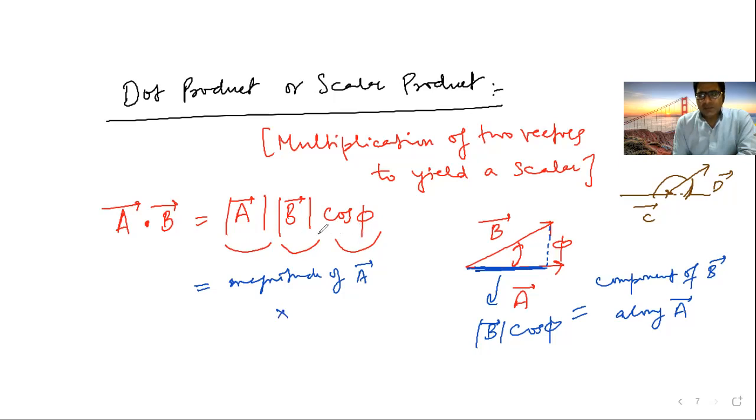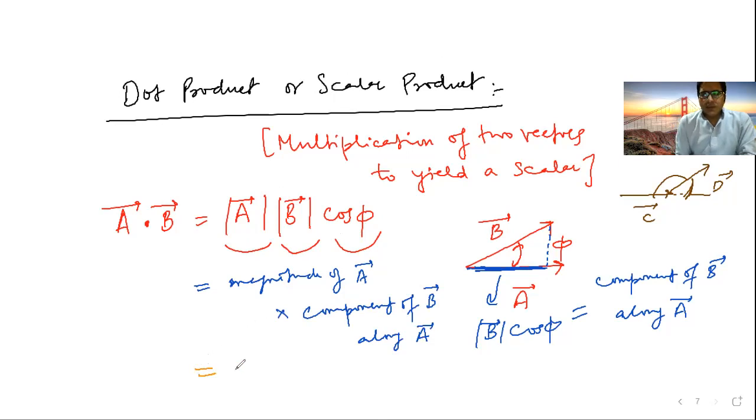You club it into a single entity and call it the component of B along A. Or you can do another thing.